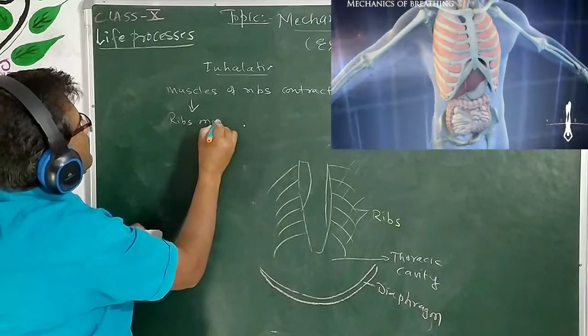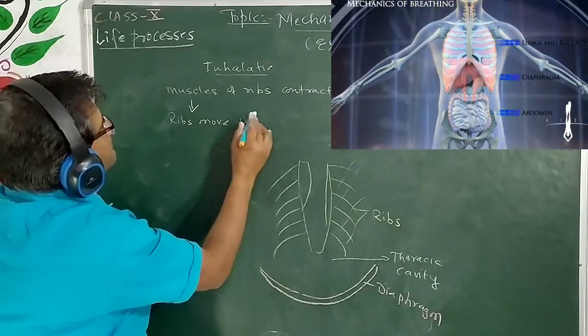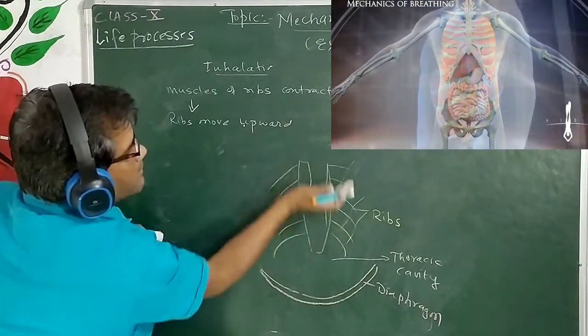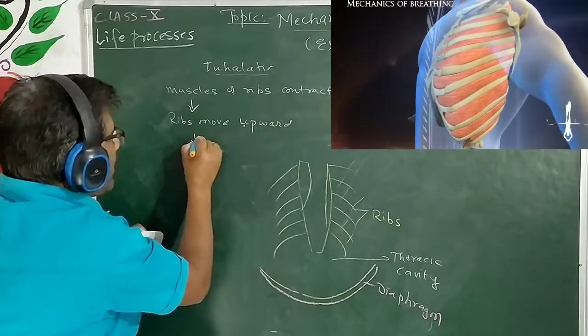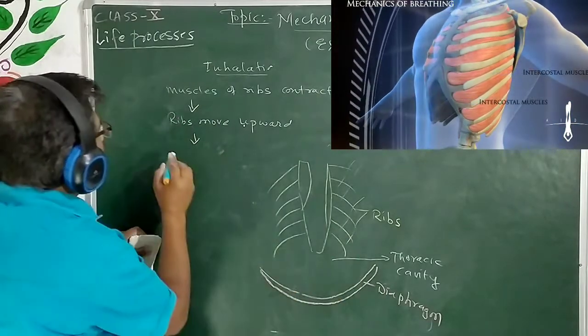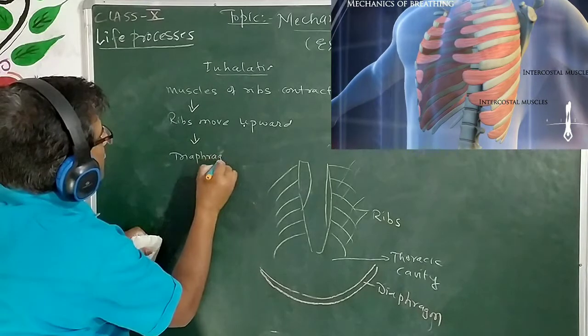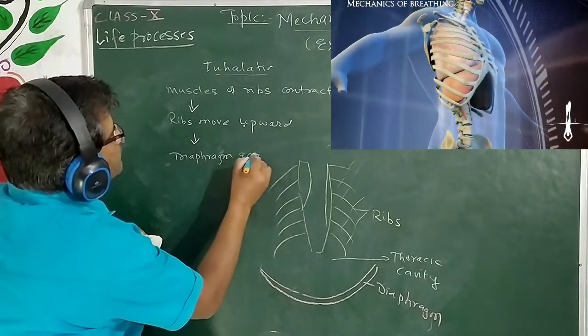It means the ribs go to the upper side. At the same time, the diaphragm goes downward.